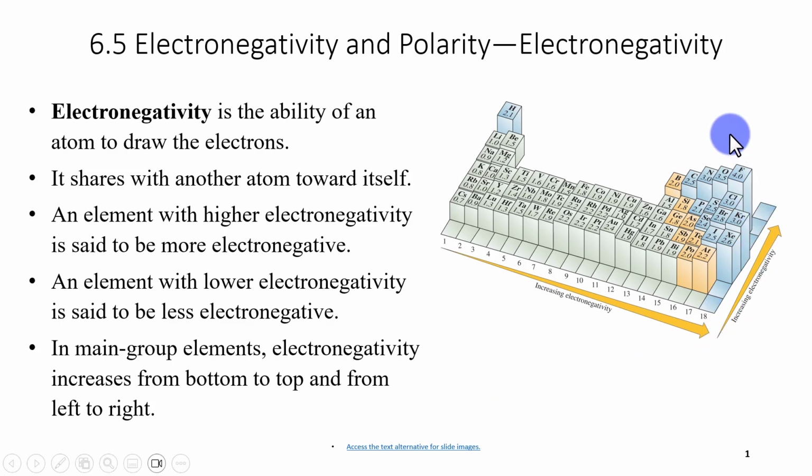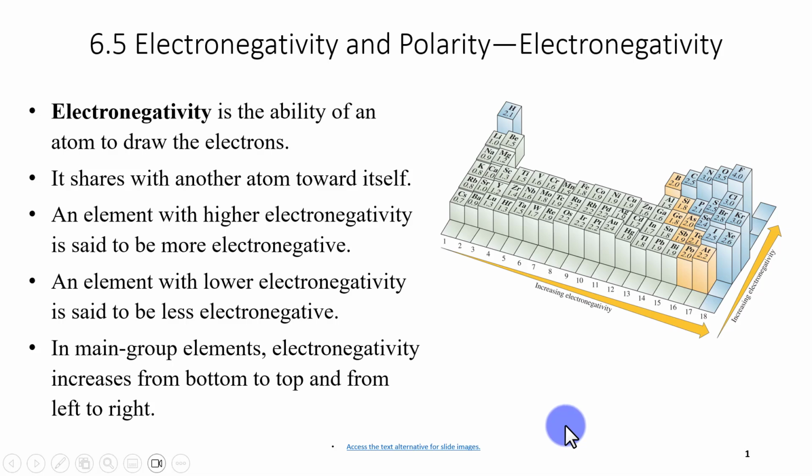We said that some elements have very high ionization energies, and those are found on the right-hand side of the periodic table, and some have very low ionization energies, which are found on the left-hand side.